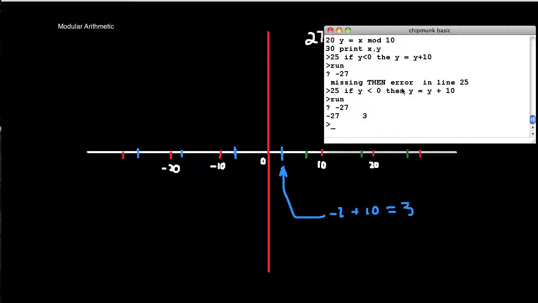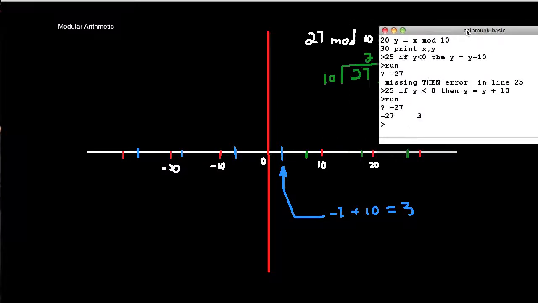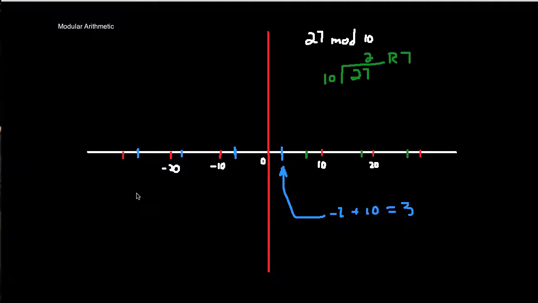So I have to add that extra statement because when I get a negative number, I don't want to bring it up to the interval of 0 to negative 10. I want to bring it all the way up here, by continuing to add 10 to the number. So I start with negative 27, add 10 to get negative 17, add 10 to get negative 7, and add 10 to get 3.